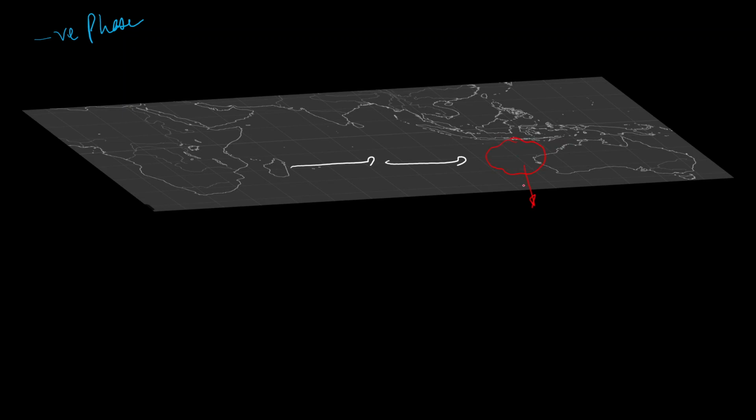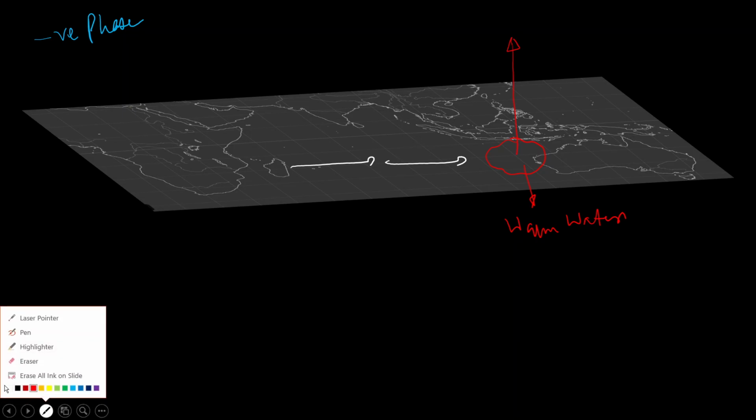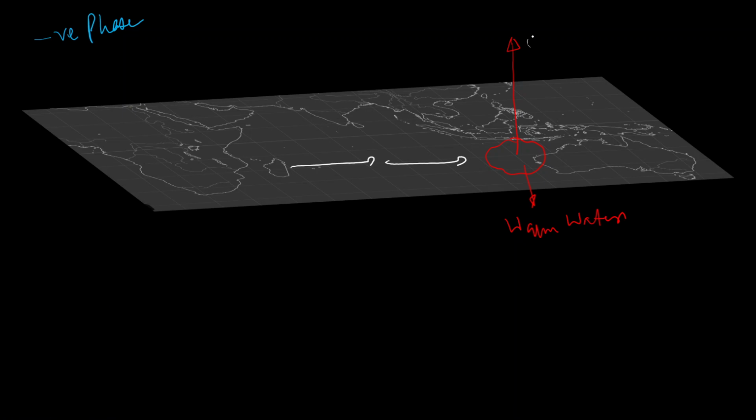So this warm water leads to evaporation, thereby causing the formation of clouds and rainfall over the Australian landmass. So, rainfall over the Australian landmass. At the same time, the African landmass suffers droughts. And then this circulation develops, dry air sinks over here.